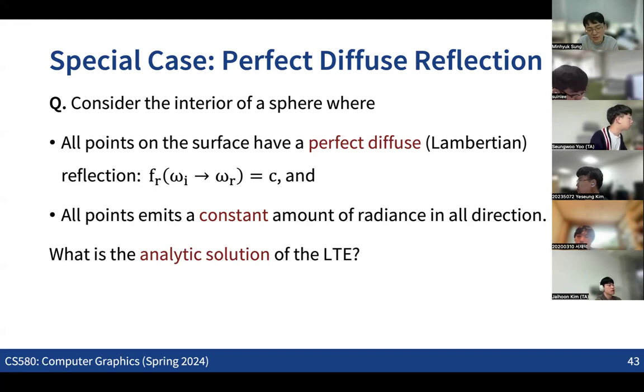So everything is constant, both the BRDF and the light emission. For this case, can you derive an analytic solution of the light transport equation? That's the question. We are just considering a special case where we can come up with an analytic solution of the LTE.